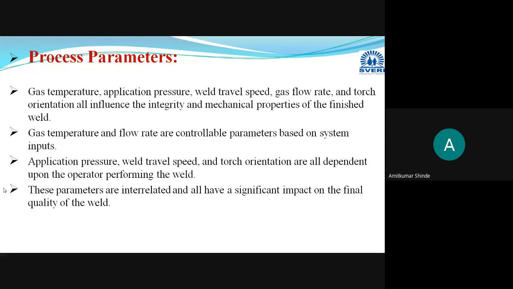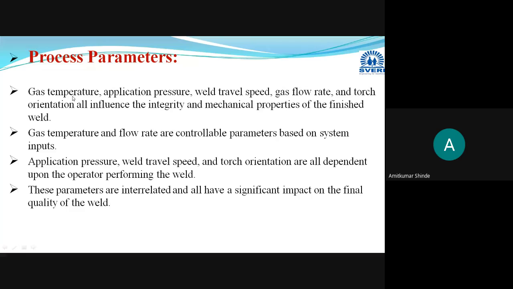Now the next point is process parameters. These are the parameters you have to take into consideration to get better quality of the weld during this hot gas welding process.